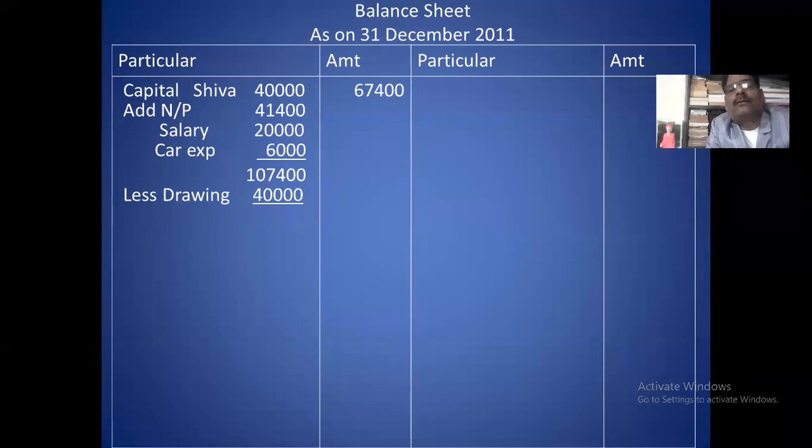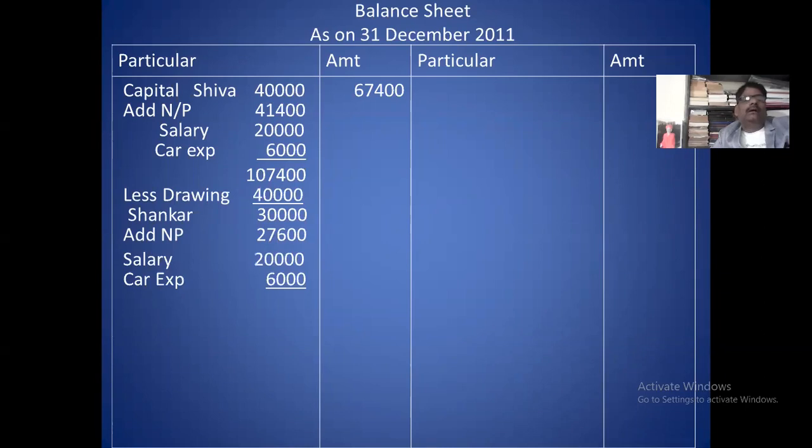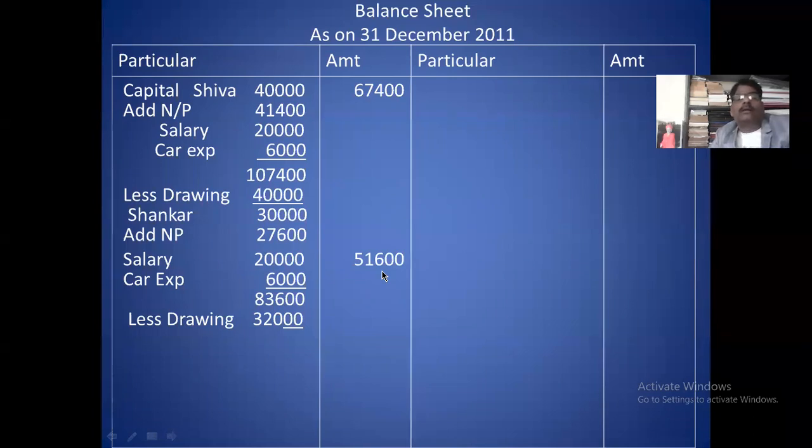In the same way, you calculate second partner's capital balance: capital, NP, salary, car expense. You take these items, total 83,600. Then less drawing. Second partner closing capital is 51,600.